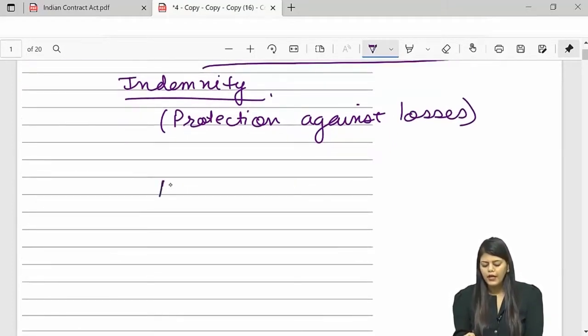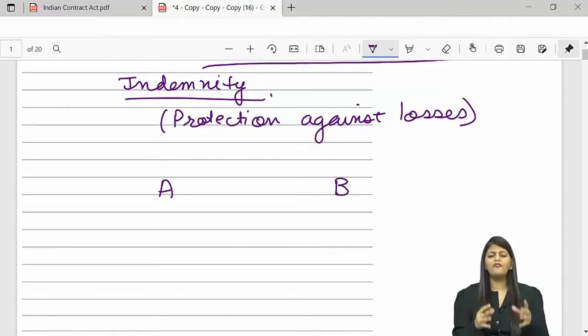Example: A is new in the market, people don't trust him. He desperately wants to enter into a contract with B because B is a very reputed person in the market, and A feels that if I regularly contract with B, my business will flourish. So A approaches B, saying, sir, let's do some business.